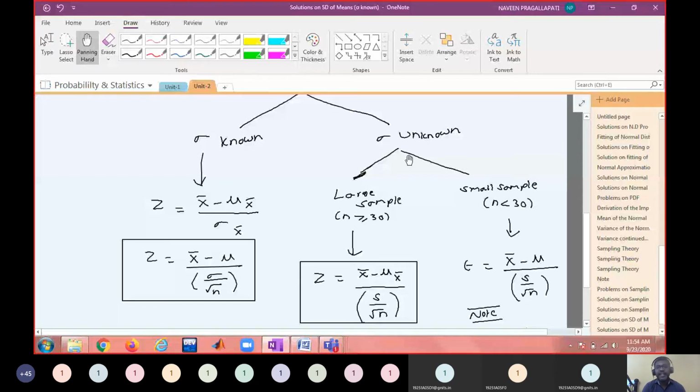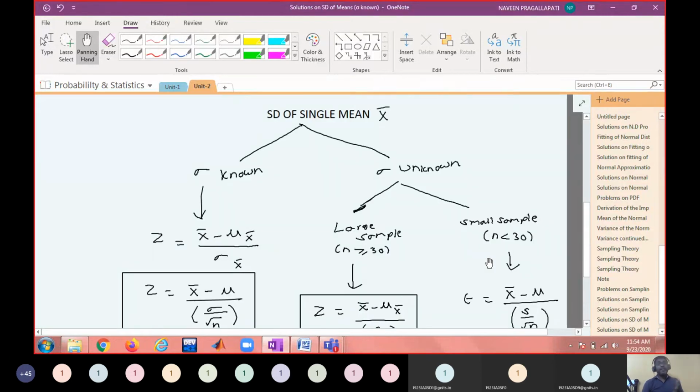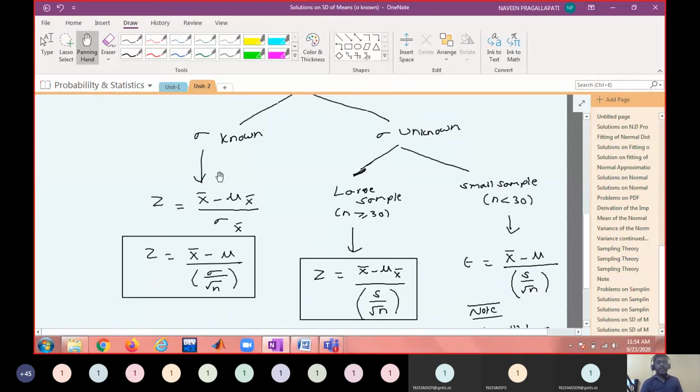These are called statistics, the T statistic and the Z statistic, and they will be useful in theory of estimation as well as testing of hypothesis. We really don't have problems on finding the probability that the sample mean is between so and so values when sigma is unknown.